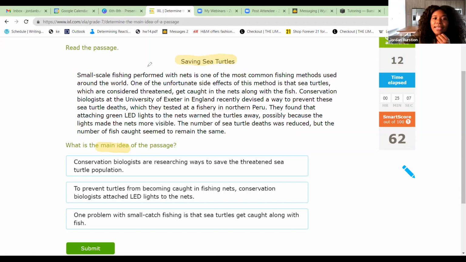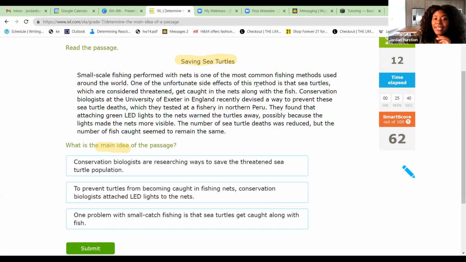It says small-scale fishing performed with nets is one of the most common fishing methods used around the world. One of the unfortunate side effects of this method is that sea turtles, which are considered threatened, get caught in the nets along with the fish. Conservation biologists at the University of Exeter in England recently devised a way to prevent these sea turtle deaths, which they tested at a fishery in northern Peru.